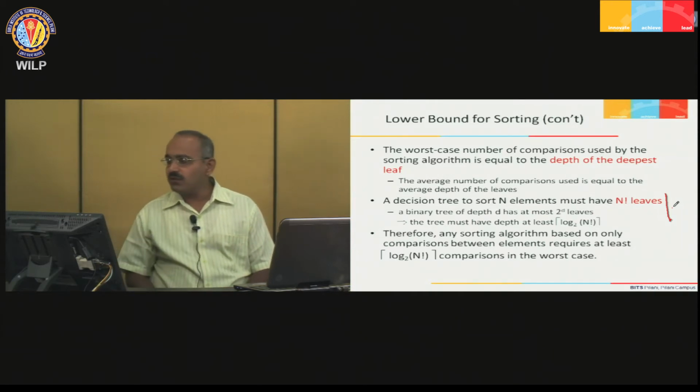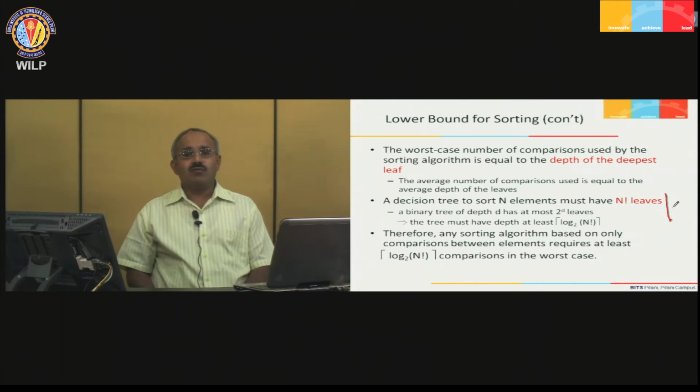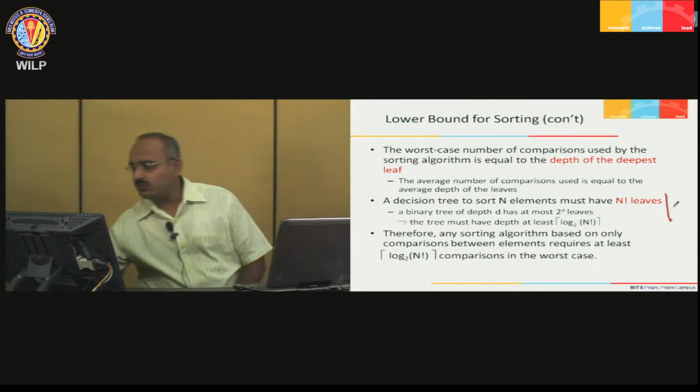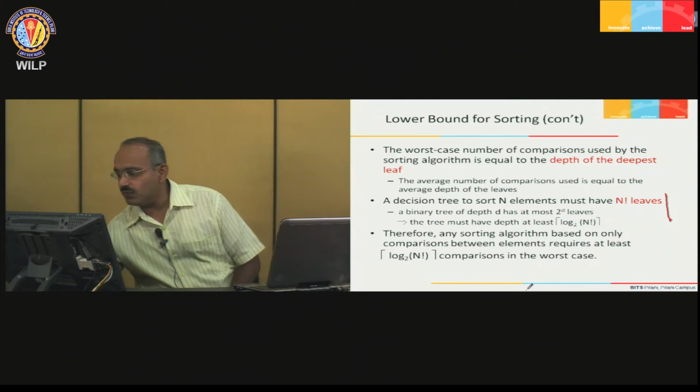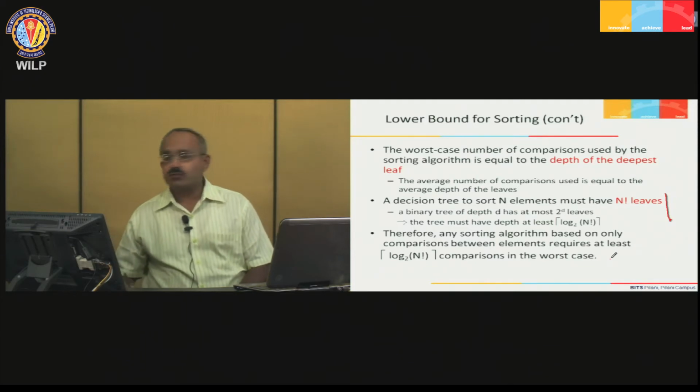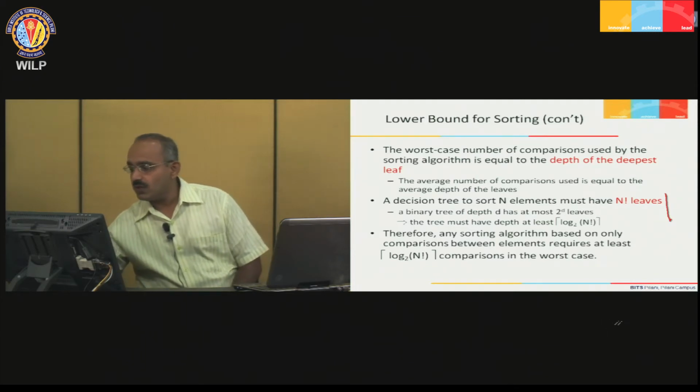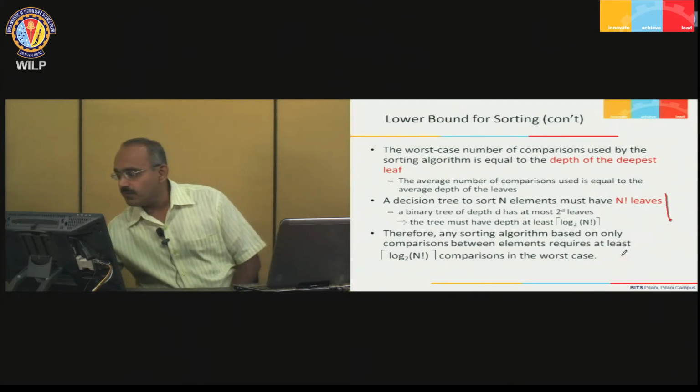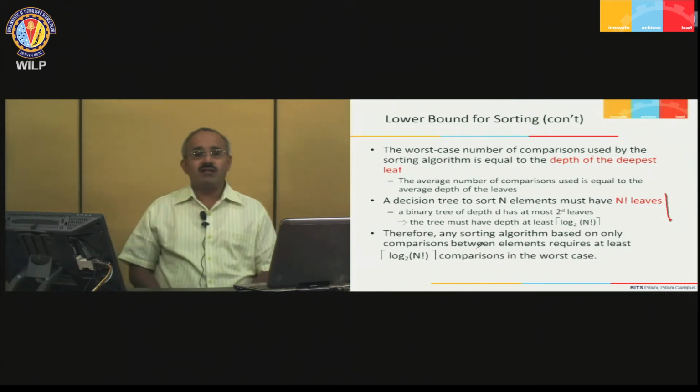Now, if you combine this, we can show that what we want is the number of leaves to be n factorial. So, you should have at least n factorial leaves.